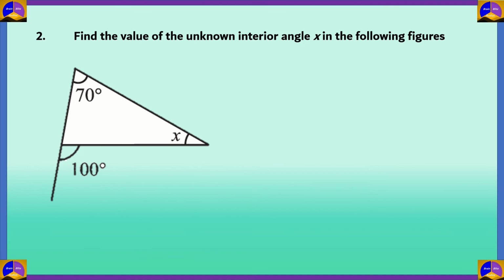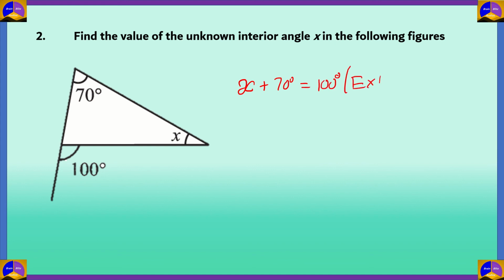Next question. In this question, we have one of the exterior angles as 100 degrees, and we have 70 degrees and x as the opposite interior angles. So x plus 70 degrees would be equal to 100 degrees.